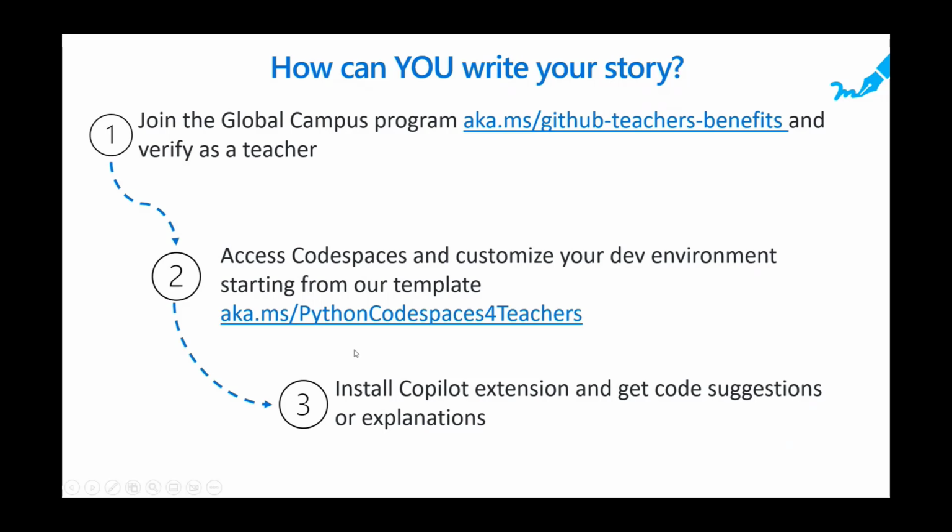If you want, you can start from the template I showed you today, which you can find at aka.ms Python Codespaces for teachers. And then I encourage you to install the Copilot extension on Visual Studio Code, on Visual Studio, or on Codespaces, and start getting code suggestions and code explanations.